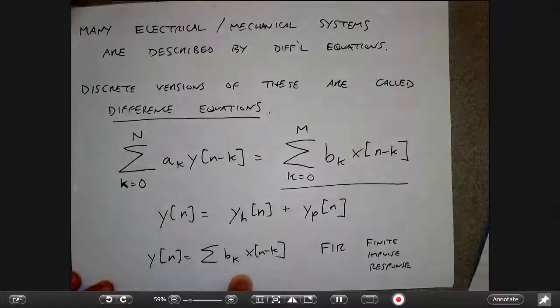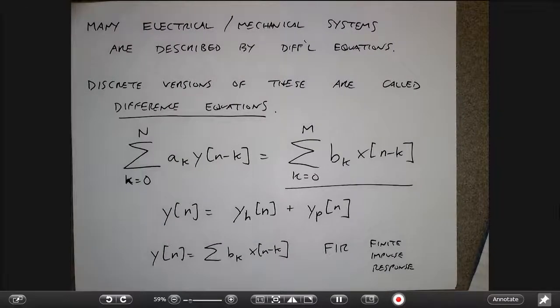Here, there's really nothing to solve; I use convolution to get the answer. Whereas once I start combining previous values of y, then I have to have this recursive solution to get the difference equation answer. And that's where you have to go through the machinery of homogeneous solution and particular solution.